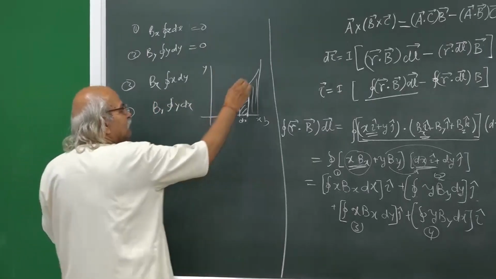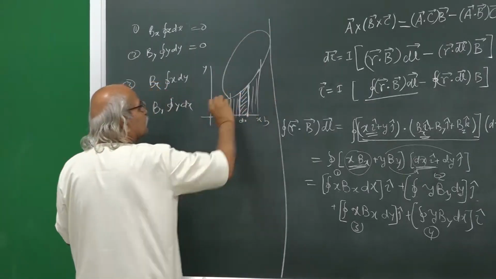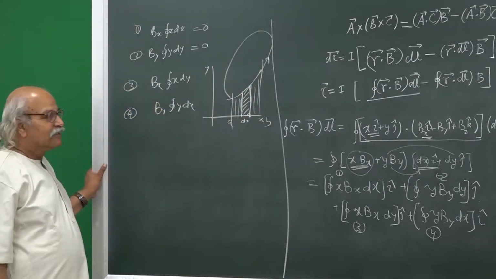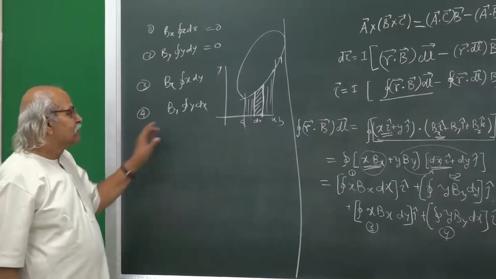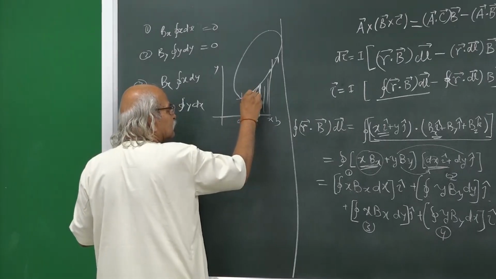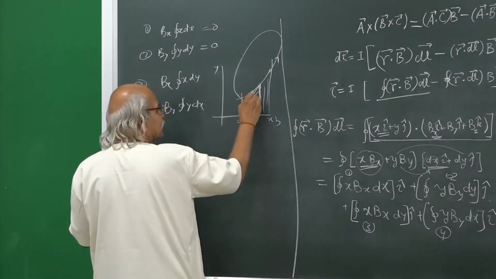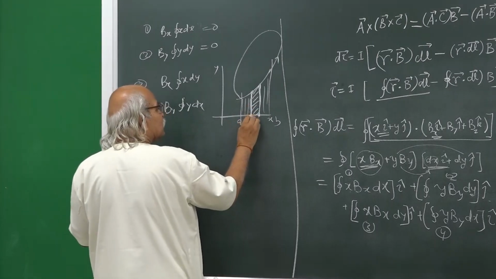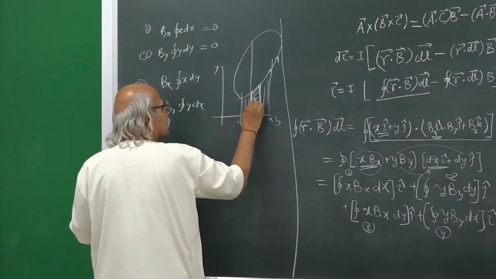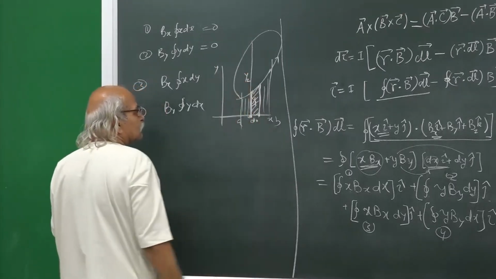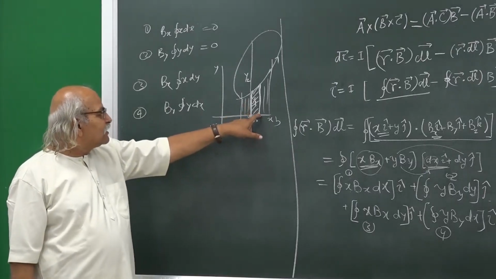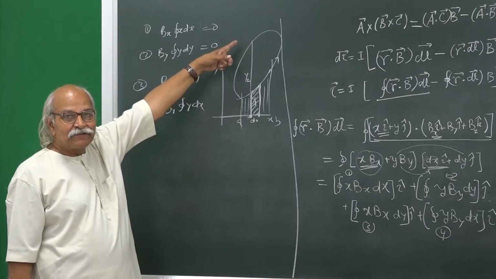But here I have a closed loop. So, what is this y dx here? For this particular x you have a y here, and for the same x you also get this other y. So you get y1 here and y2 here. Two times it will be y dx: one will be y1 times dx, the other will be y2 times dx.